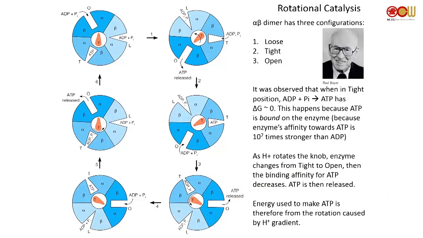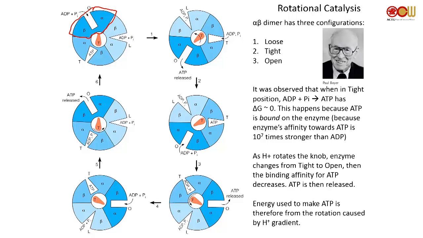For example, if we look at the top third of the enzyme real quick, this guy is at the open state. When it's at the open state, your ATP can come out and your ADP can come in. So it's sort of freely diffused, coming in and coming out.